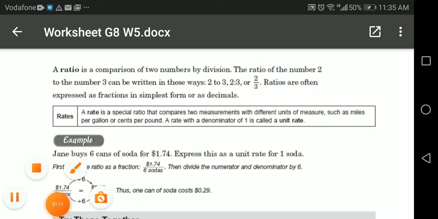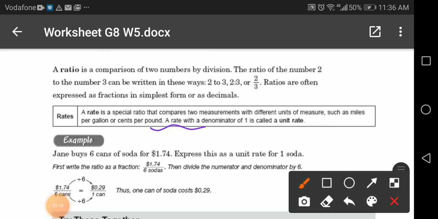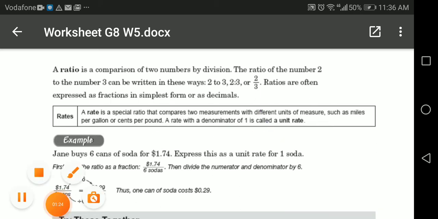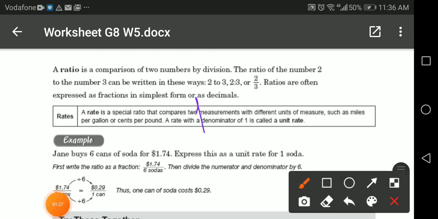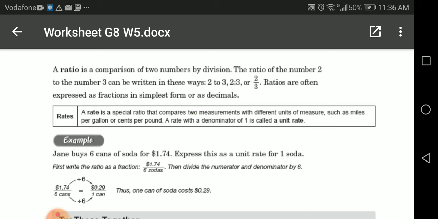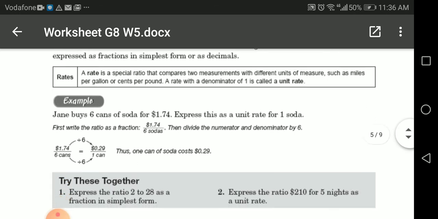Remember that in the rate we have different units of measurement, and a rate with a denominator of 1 is called a unit rate. So I can say, for example, one chocolate costs me $2, so the price of the chocolate is $2 per one chocolate.